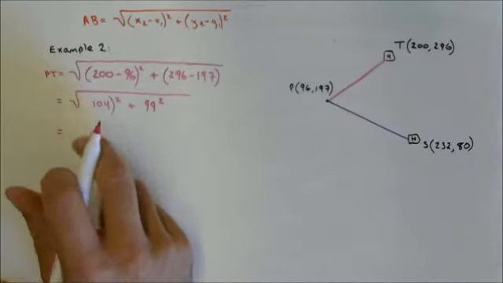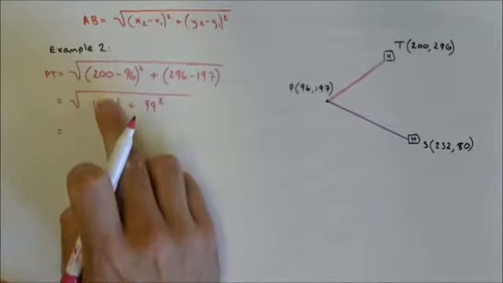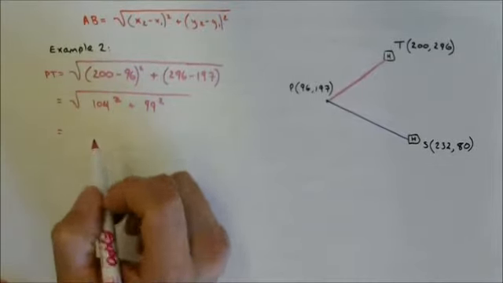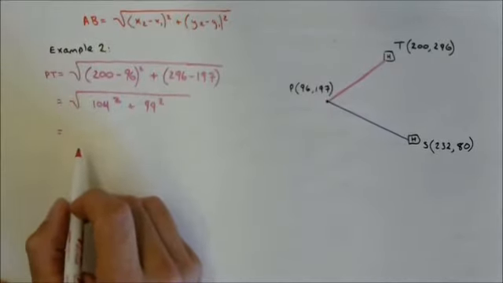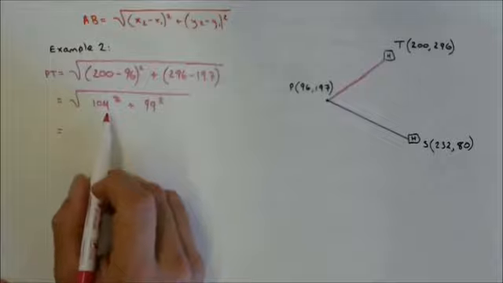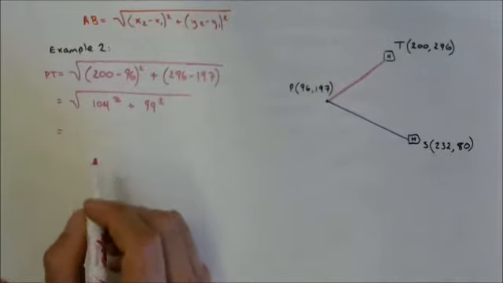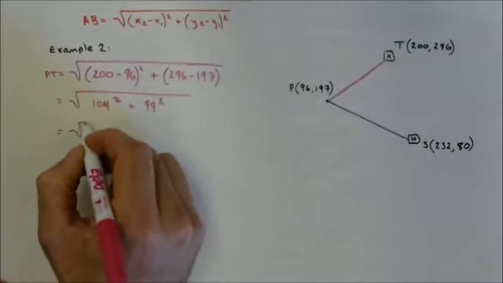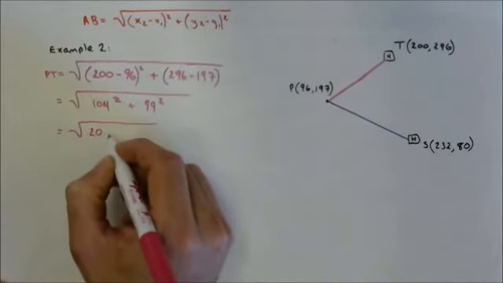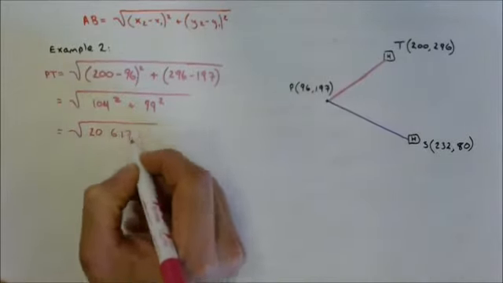Again, because they're both positive numbers in this case, you don't even really need those brackets, but it might help you to keep the brackets around the numbers to see what you've done. This part you would put in your calculator, 104 squared plus 99 squared. Your calculator can do that in one step. You're still under the square root sign though. You have 20,617.